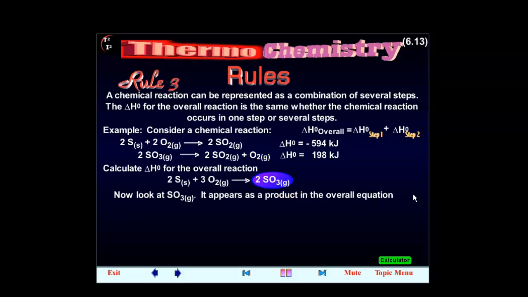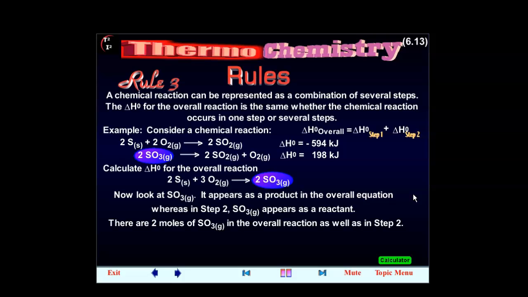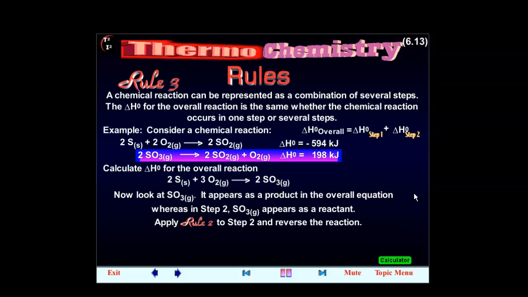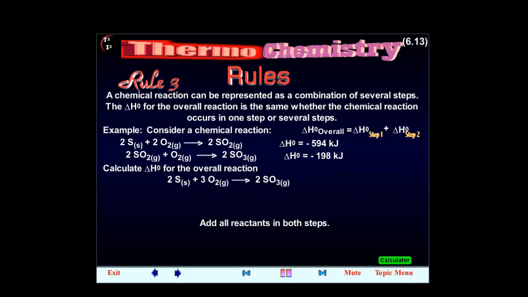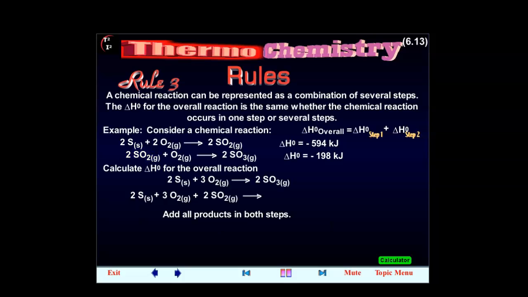Now look at sulfur trioxide. It appears as a product in the overall equation, whereas in step 2, sulfur trioxide appears as a reactant. There are 2 moles of sulfur trioxide in the overall reaction as well as in step 2. Apply Rule 2 to step 2 and reverse the reaction. Add all reactants in both steps. Add all products in both steps.